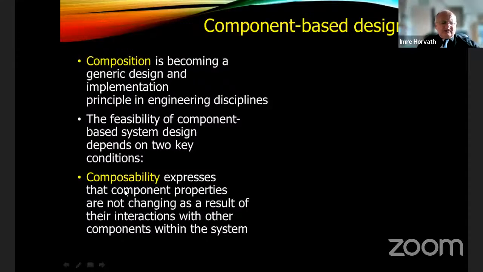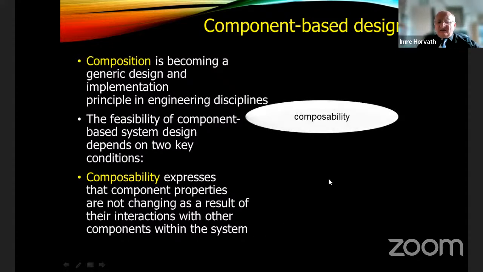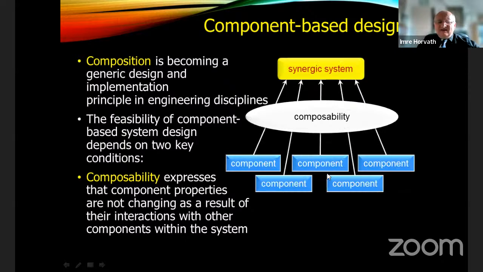Here, composability expresses that component properties are not changing as a result of their interaction with the other components within a system. So you can compose objects together if this condition stands. So composability means that you have all the components, and then you can integrate them into the system. And what the system does is actually the total, the added operation of the components.